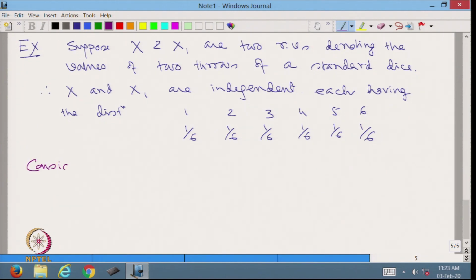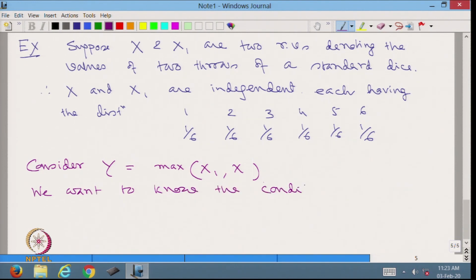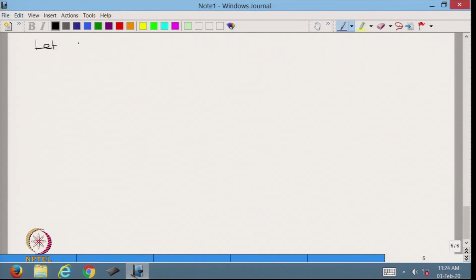Consider Y is equal to maximum of X1 and X. We want to know the conditional distribution of X given Y. So, let us look at their joint distribution p_XY.